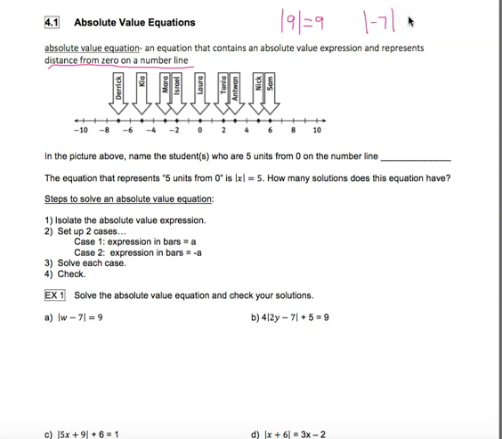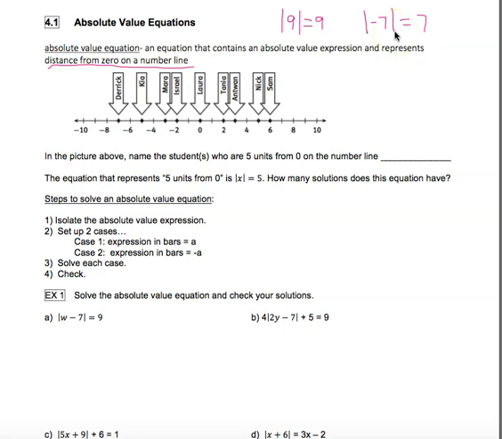That's asking how many units is -7 from 0 on the number line. And if you don't know, you could look at this number line. Here's -7. If I count to 0, 1, 2, 3, 4, 5, 6, 7. So the absolute value of -7 is 7.